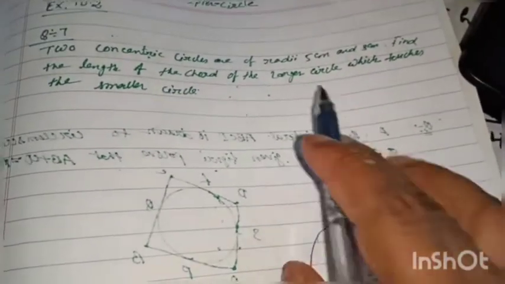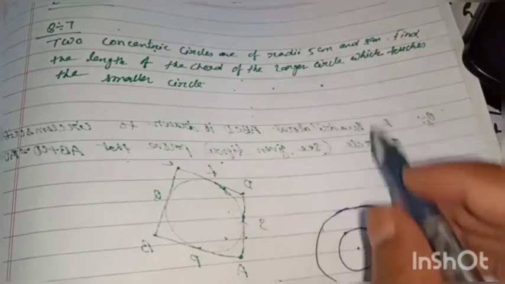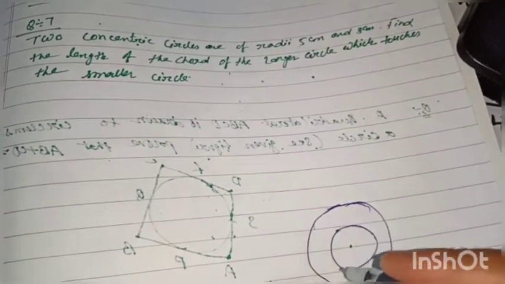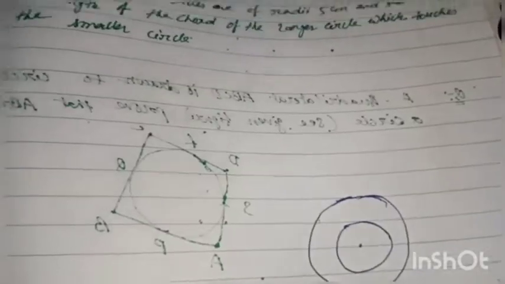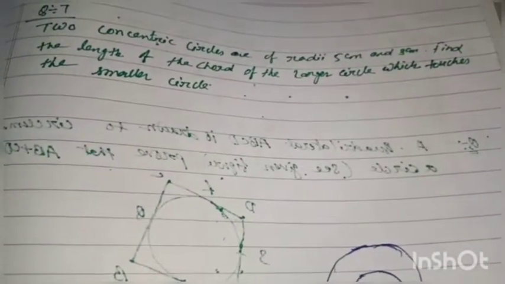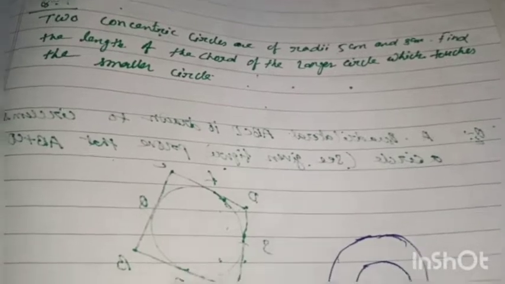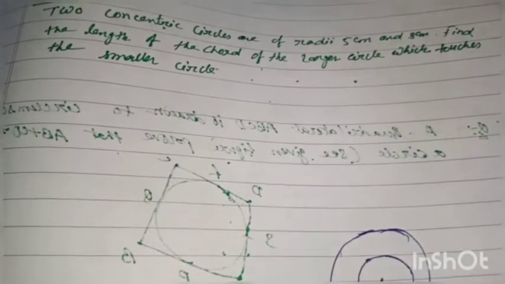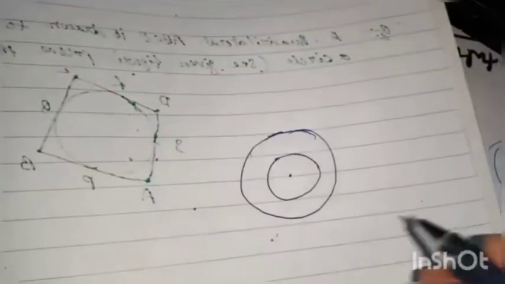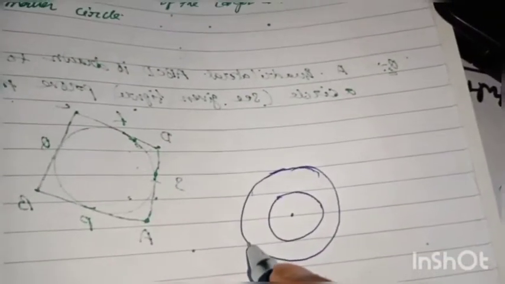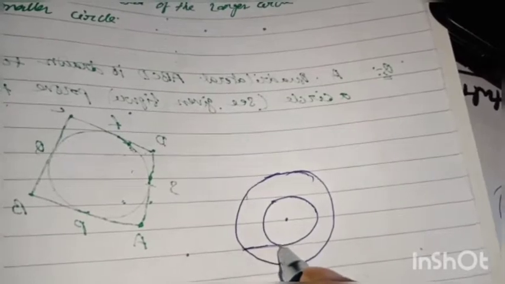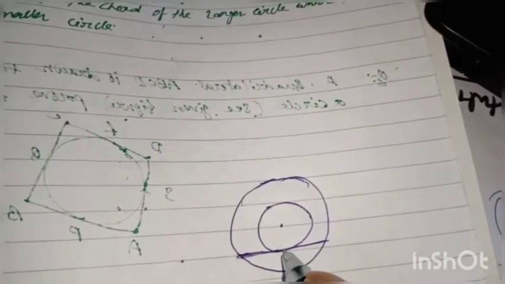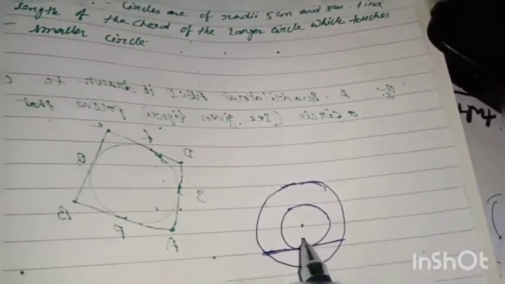This is the common center, 5 cm and 3 cm. And it is also said the chord of the larger circle which touches the smaller circle. Suppose I am taking this chord of the larger circle, which touches the smaller circle at a point.